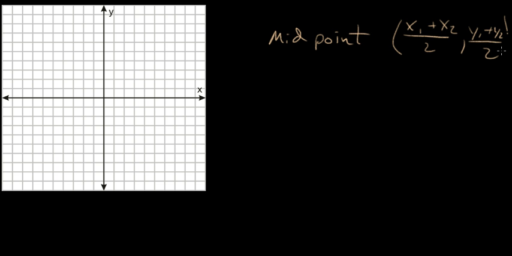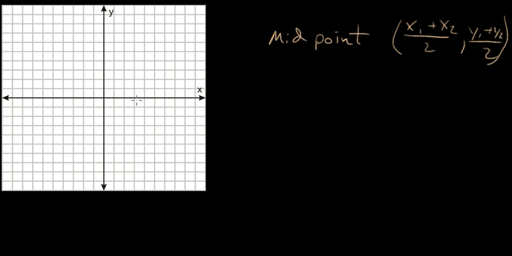So, I'm going to try one more thing here. I'm going to try a triangle, and we're going to find the midpoint of a segment. To find the midpoint of a segment, it's real simple. Midpoint of a segment goes like this: x1 plus x2 over 2, and y1 plus y2 over 2.